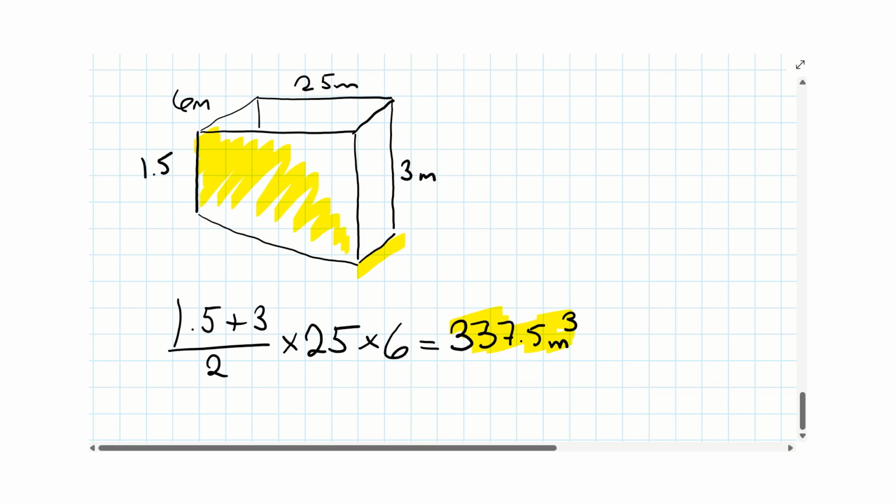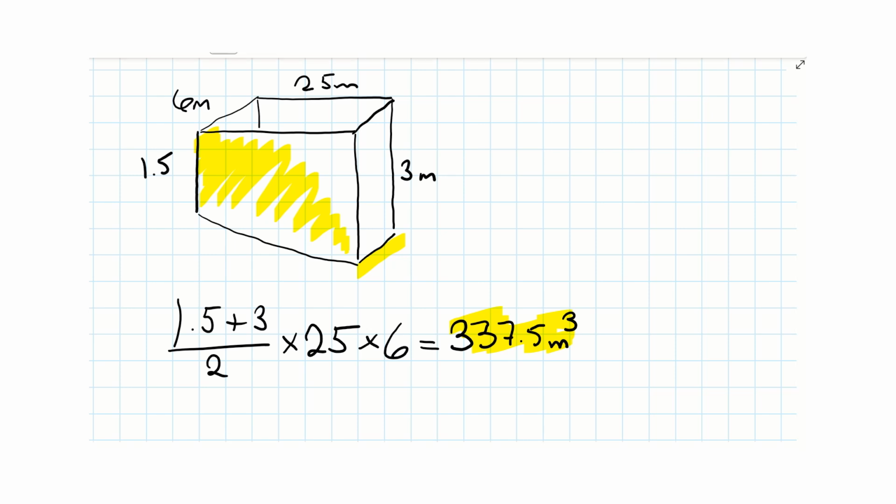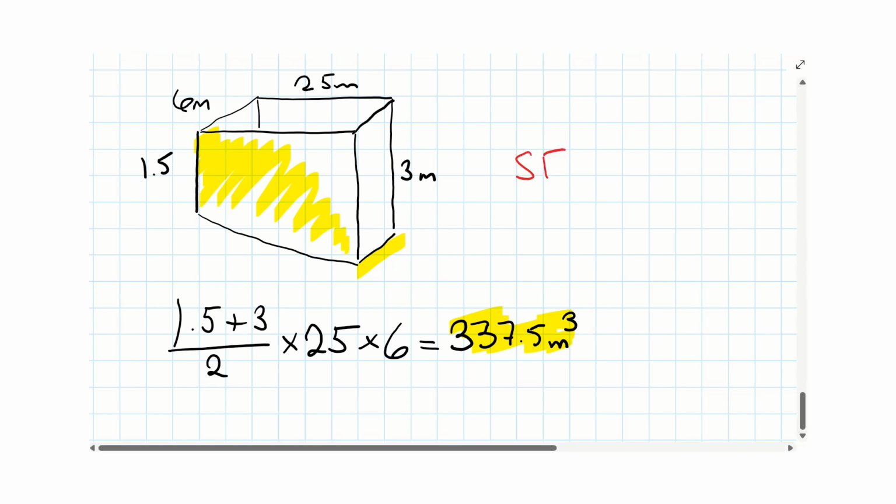Now, we learned earlier that our scale factor for areas is going to be 7/6. And we learned that our scale factor for just lengths is going to be the square root of 7/6.